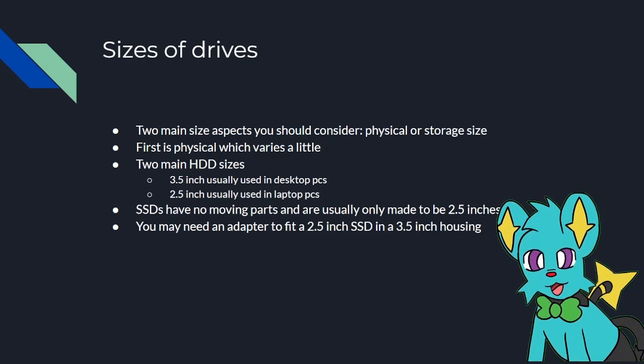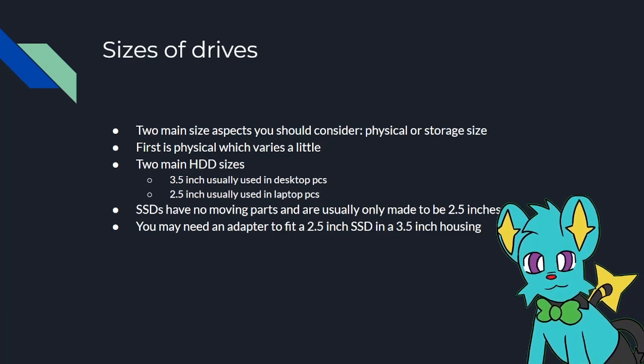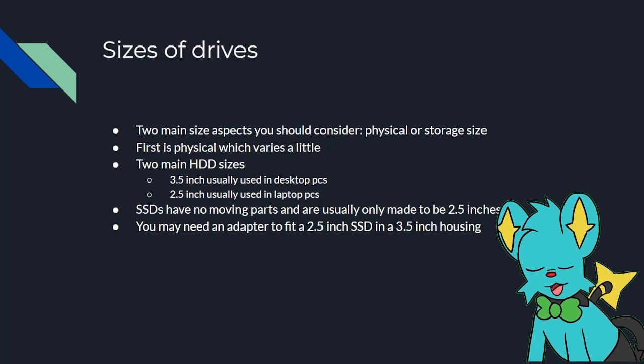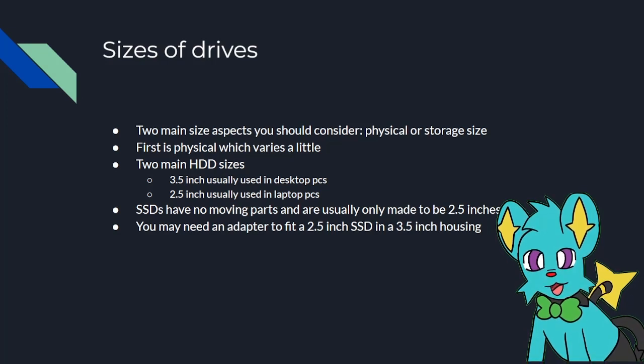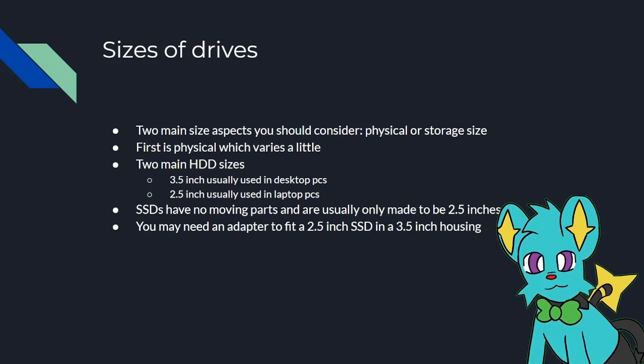Another thing you want to look into is the size of the drives, either physical or storage. The physical size varies only minorly. There's not very much difference. There are 3.5-inch hard disks, which is the width if you're laying it flat on a desk, mainly used for desktop PCs.